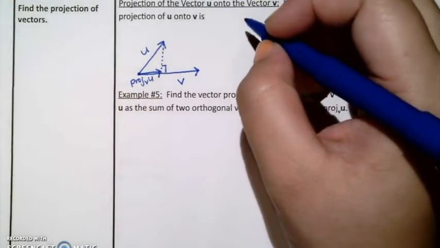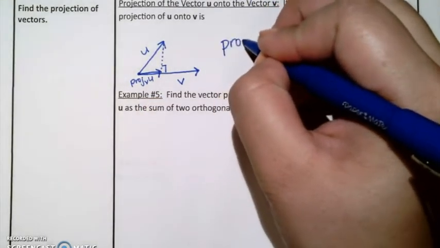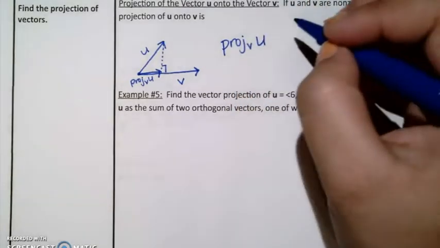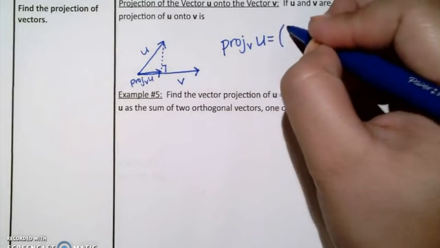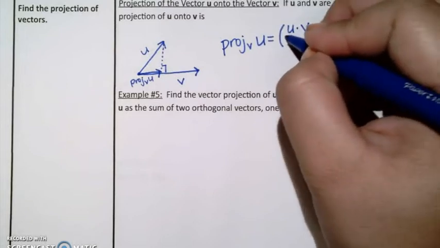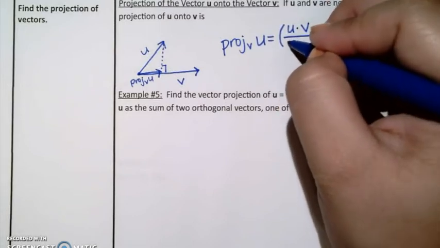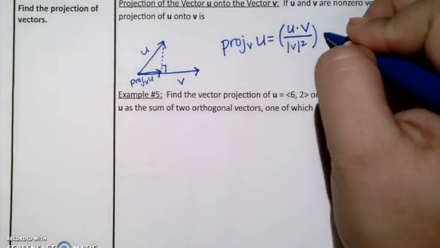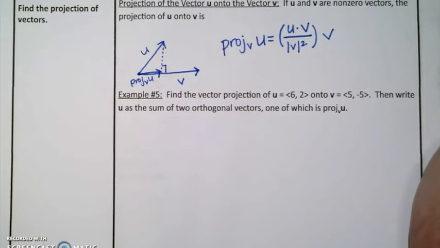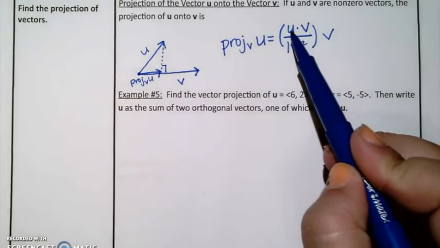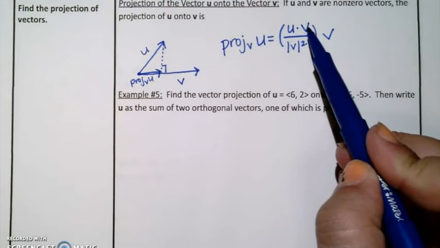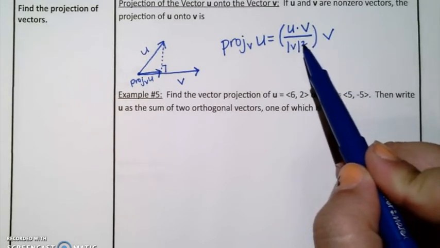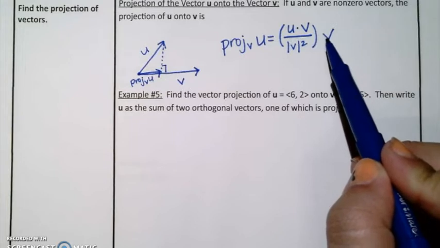And we can calculate this: the projection onto v of u is equal to u dot v divided by the magnitude of v squared, multiplied to v. Okay, so here we have u dot v is a scalar, the magnitude of v squared is a scalar, and then we multiply it to v, which is a vector.